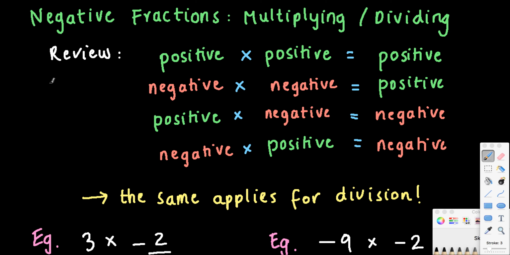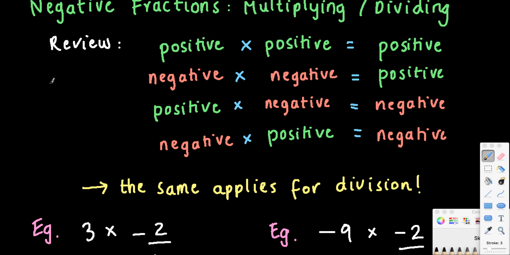You've really got to know which number is larger than the other. Whereas with multiplying and dividing, you can just look at whether you are multiplying positive by positive, positive by negative, or negative by negative, and you'll know what your answer should look like in terms of a positive and a negative. So just as a review, you'll see that I've written that down here.